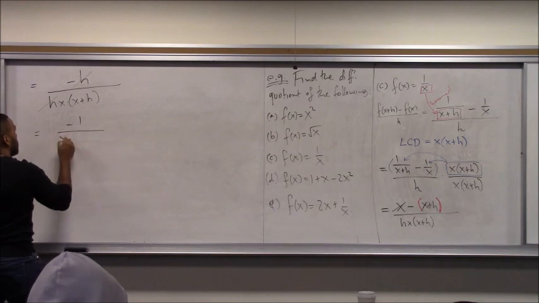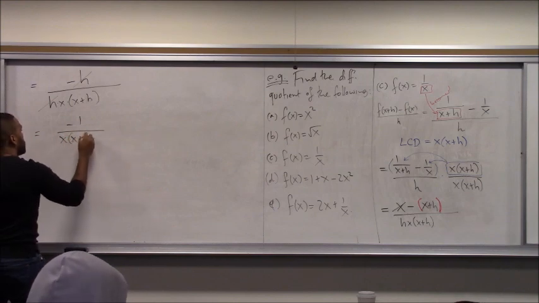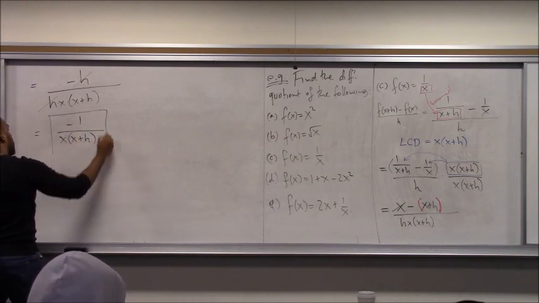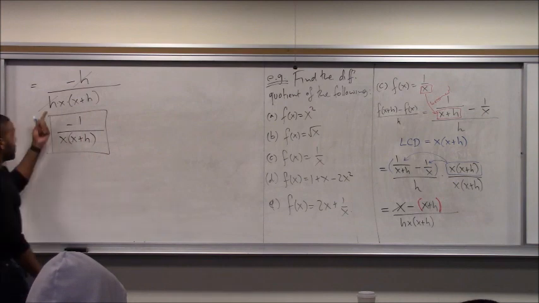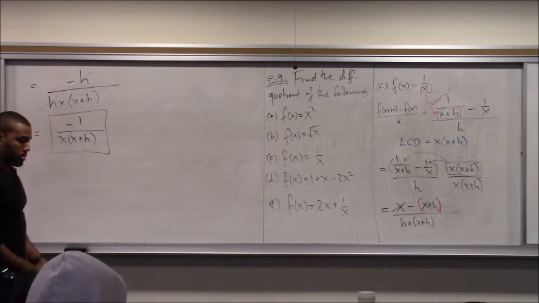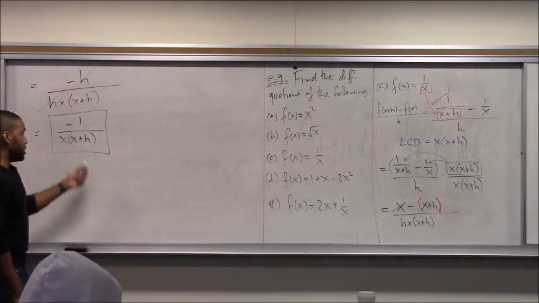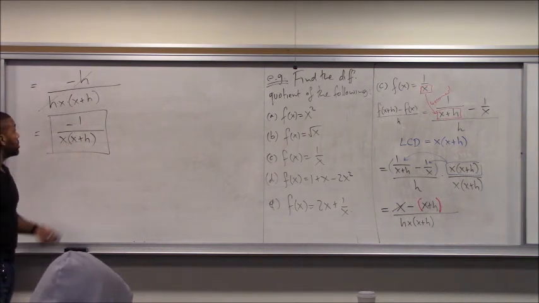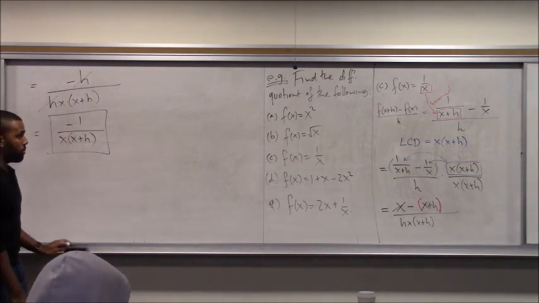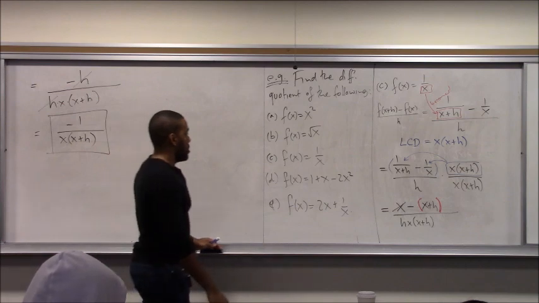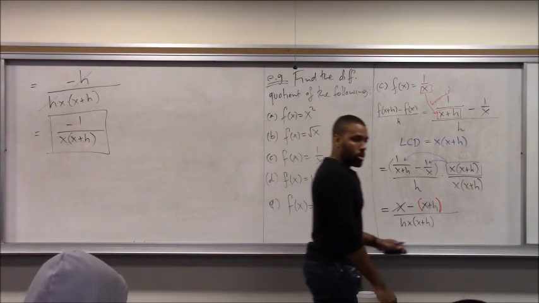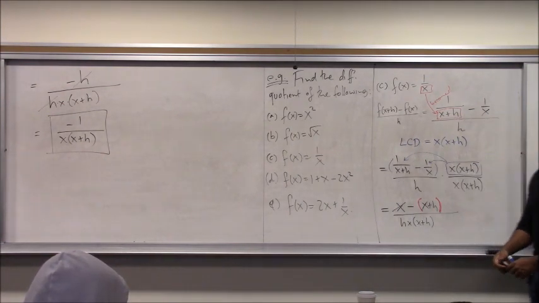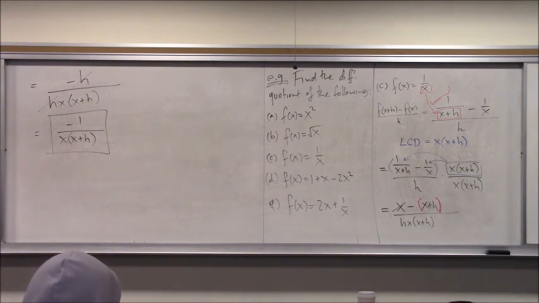Minus 1 over x times x plus h. And that is the simplified version, because I've canceled the original denominator. This h is fine, he wasn't there originally. Cancel the original. Good.